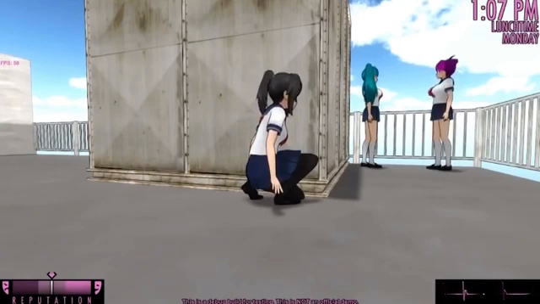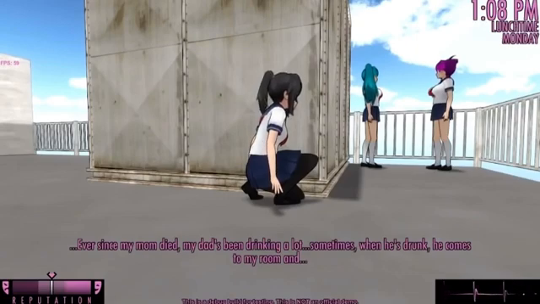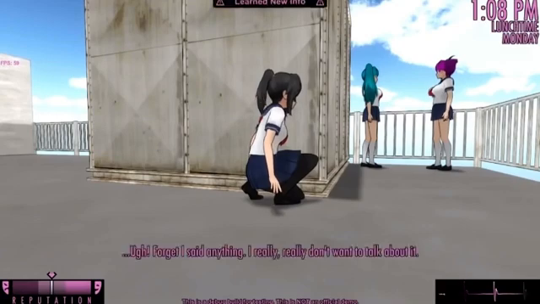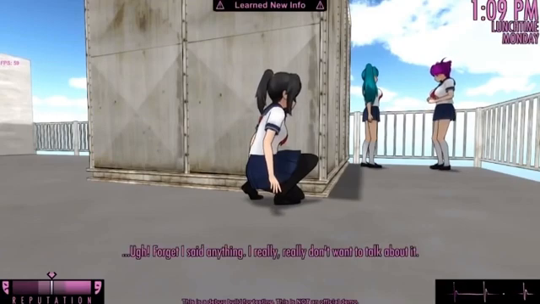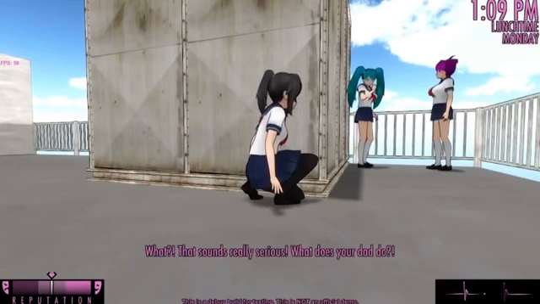Her problem was implied to be domestic abuse, making her a tragic character. At the time, no other girl had personal problems, or voiced lines, or any sort of personality whatsoever, so Kokona instantly became the game's most unique and noteworthy character.